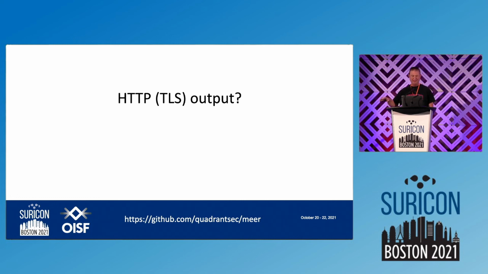So maybe we can come out with a more generic output format that you could use across different platforms. This might also be useful for submitting alert data into SOAR systems. I'd be interested to know anybody's thoughts on that as well.